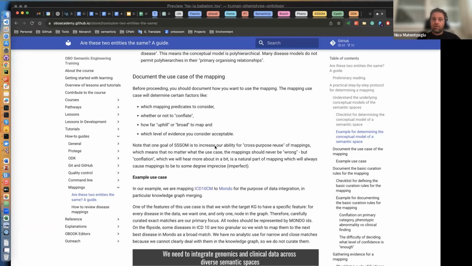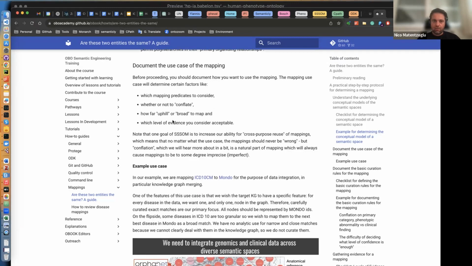The use case also dictates whether you should or should not conflate certain things. Conflation is what we will discuss later, so I will get into that when it comes. It also answers questions like, how broad should you map?